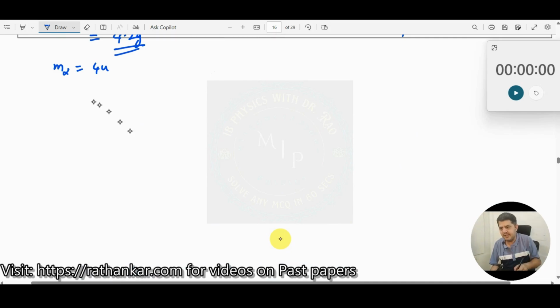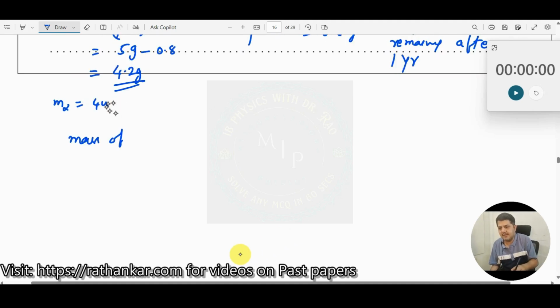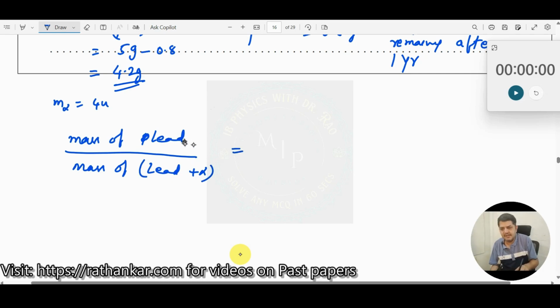The easier method is like this. Mass of lead nucleus divided by mass of lead plus alpha. Mass of lead is nothing but 206 nucleons, which you already know, 206 u divided by mass of lead plus alpha, which is 210 u.